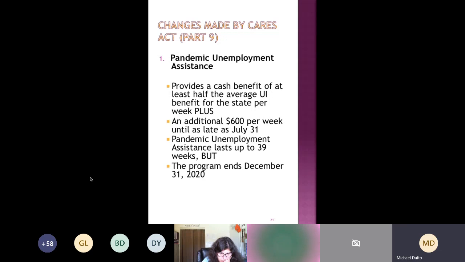They'd no longer get that extra $600, but they could still get a cash benefit of at least half of the average UI benefit for the state for the remainder of their 39 weeks. But even if they haven't used up all 39 weeks, they won't get any more pandemic unemployment assistance after December 31st of 2020, because that's when the program ends, unless Congress extends it longer.